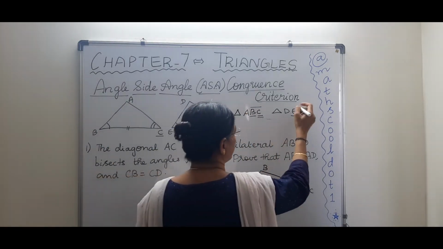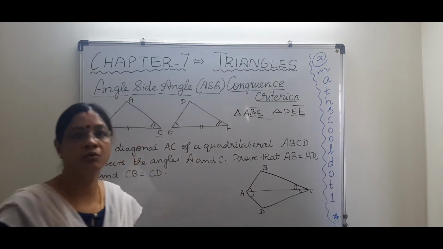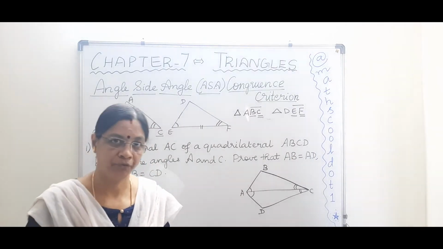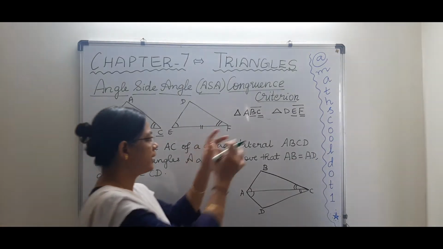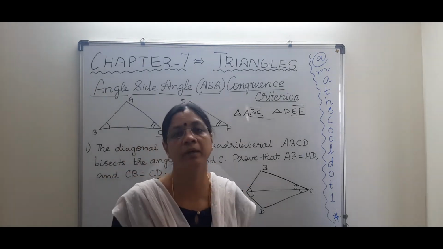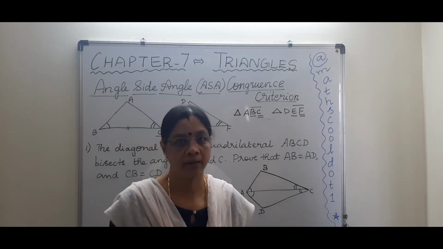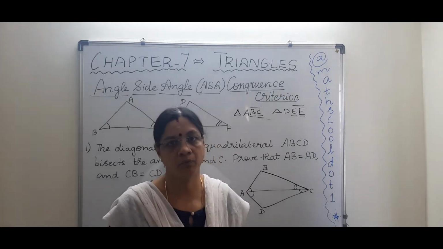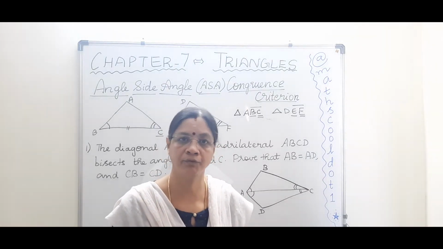Likewise, if E and F are chosen, then the side enclosed within them is EF. Do you understand? So if the names are written in proper order, from the names we'll be able to pick out the angles and the sides correspondingly. So that will be easier for you.